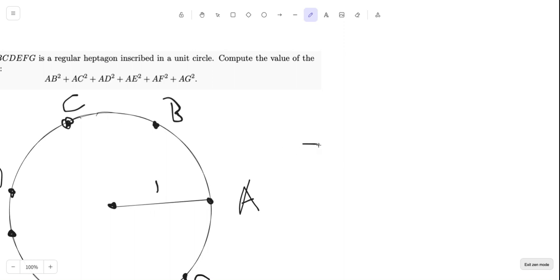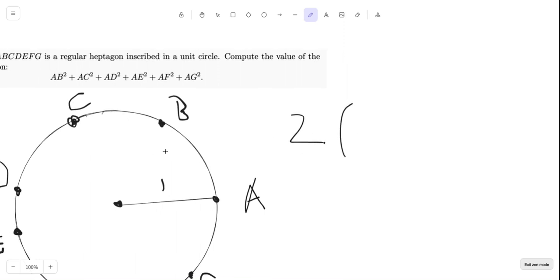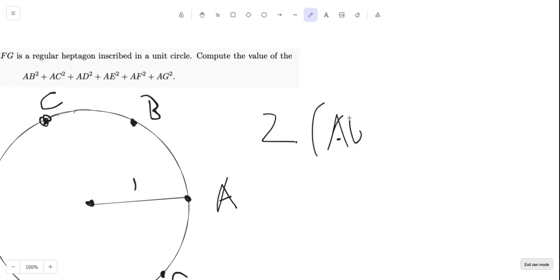So our sum is actually equal to twice AB squared plus AC squared plus AD squared.